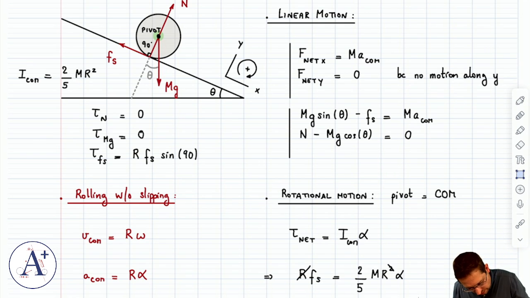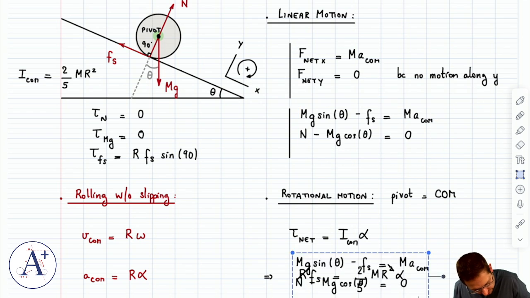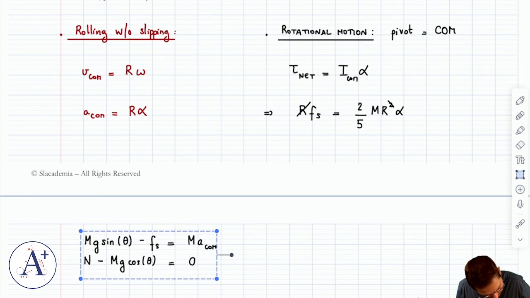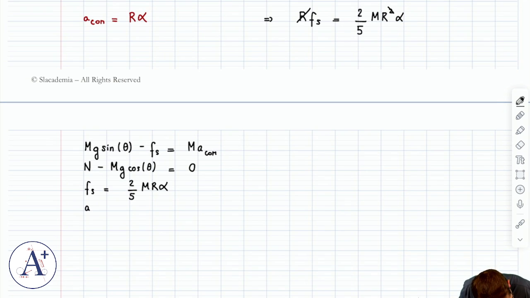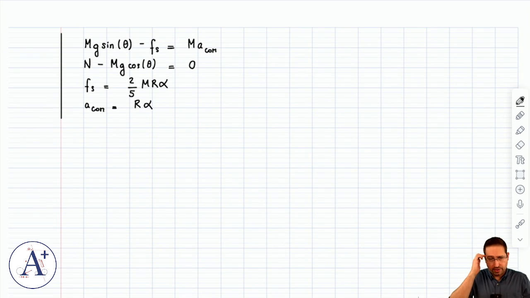All right. So let me make a copy of our equations here. We're going to bring them down here, and so we have Fs is 2/5 m r squared alpha over r, and we're going to solve this for A center of mass. Okay, and then A center of mass is R alpha. Okay, that's everything we just derived. Okay, well, I know what Fs is.